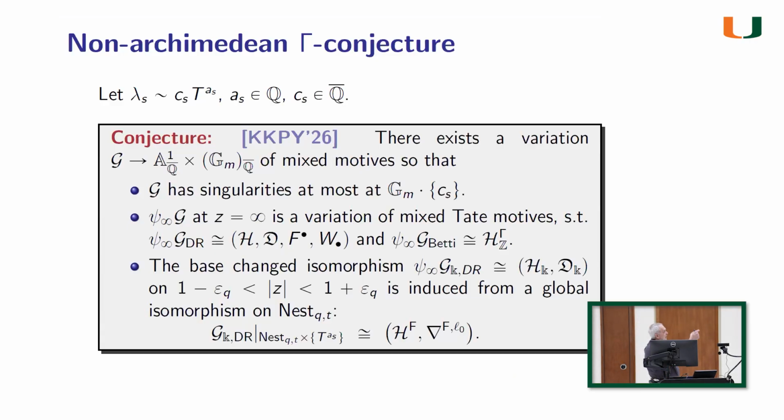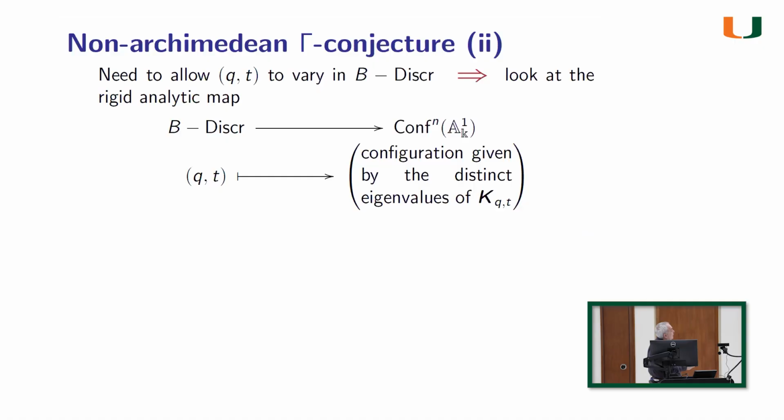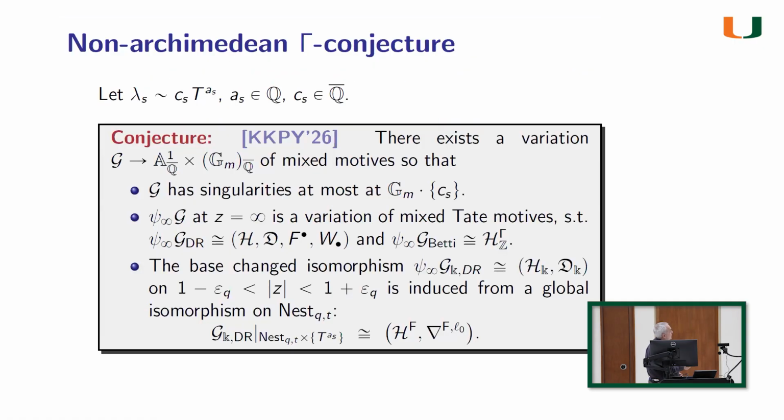So it's only on the big annulus to start with, but now you would require it to be on all annuli, where on the small annuli you just put the Fourier dual F bundle. So this is the way the gamma conjecture looks at a single point. It only sees the leading term in the eigenvalues.